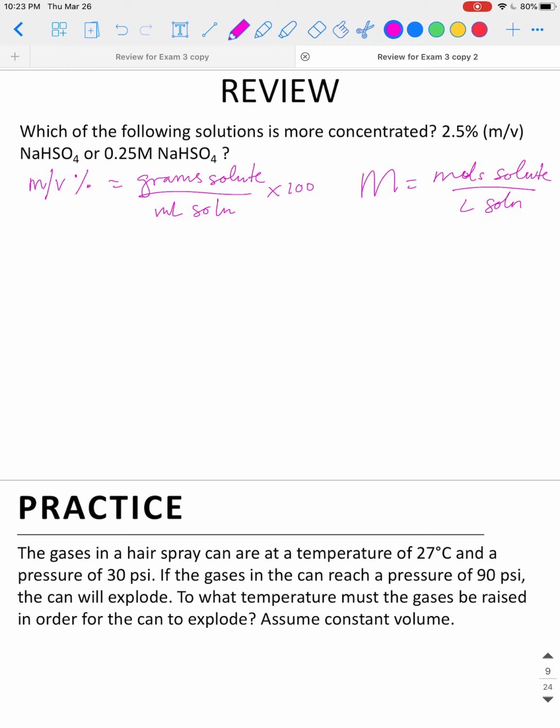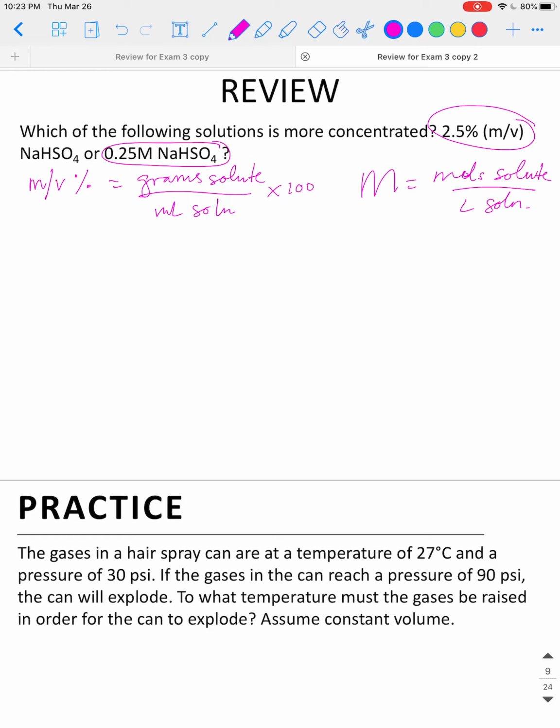Because we have different units in these equations, we can't make a comparison until we do some math and convert some stuff. It's like comparing apples and oranges. It really doesn't matter which way you go. I could take the molarity and convert it to a mass volume percent, or I could take mass volume percent and convert it to molarity.